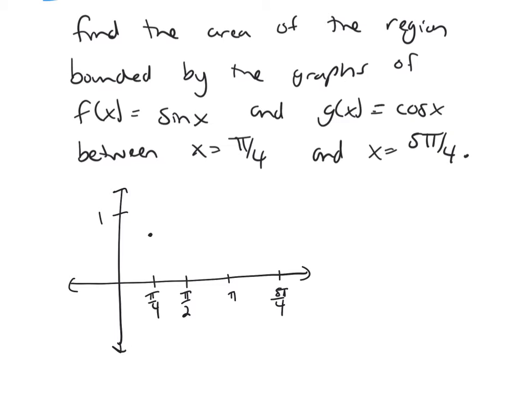So let's start with sine. Sine of pi over 2 is 1. Sine of pi is 0. At 5 pi over 4, they're both root 2 over 2, negative.